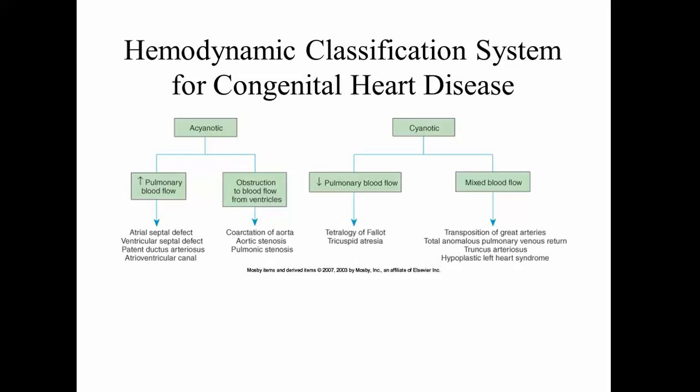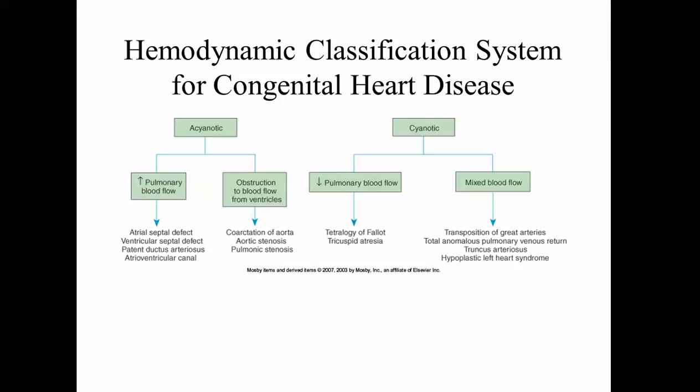All right, so I'm going to refer to this diagram, and I think it's a very good diagram. It's in your book, so you can go back and refer to it. I think the best way to describe the classification of heart defects is more on the second level.